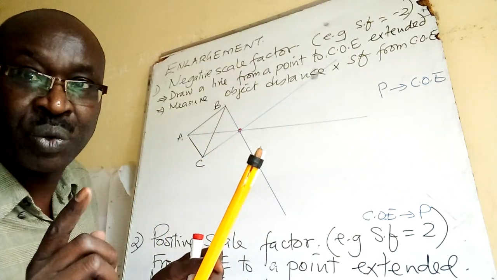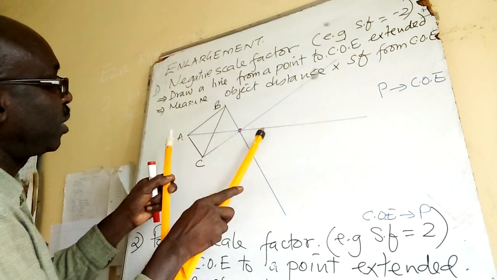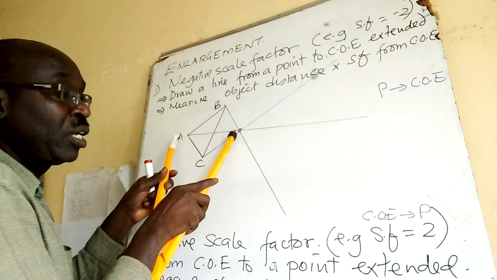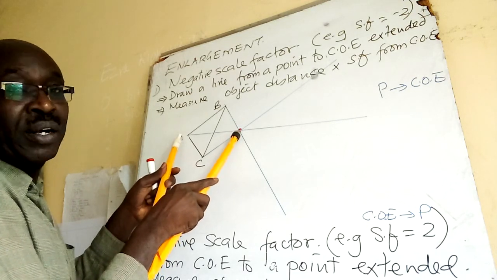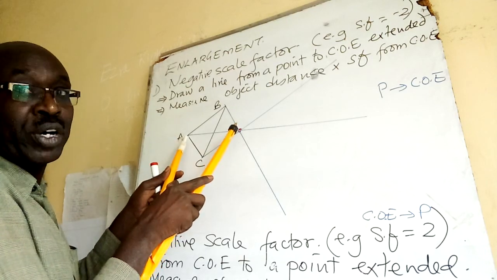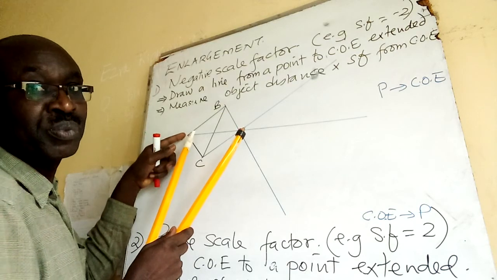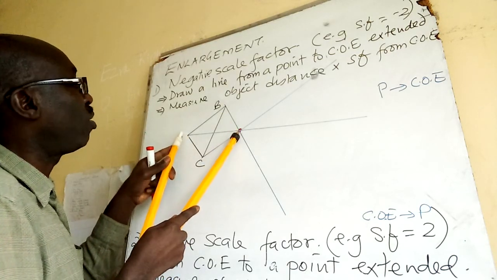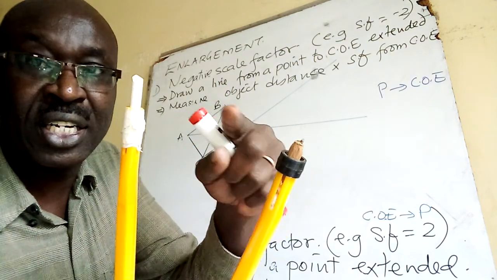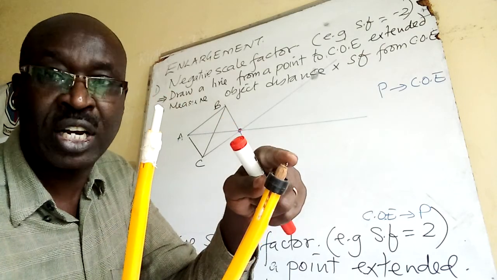The next thing, now you have understood this is the reverse of that. Now we get object distance. Let us start with A. A is here. So I measure from the center of enlargement to the point. But let me maintain the same language. From the point to center of enlargement, there. This is the distance from A to the center of enlargement.